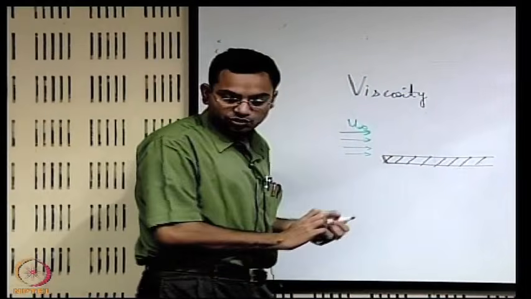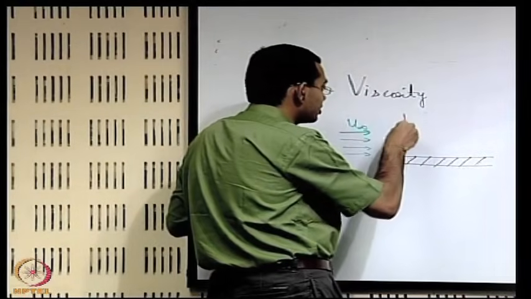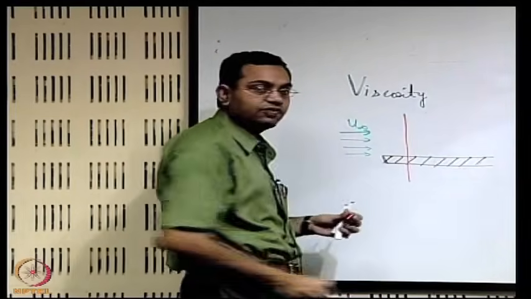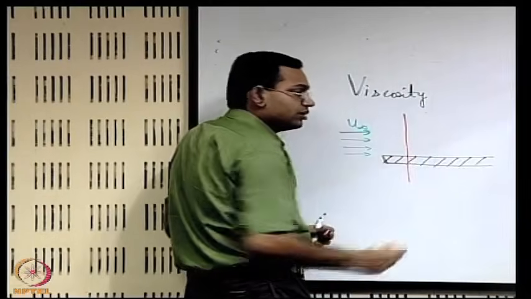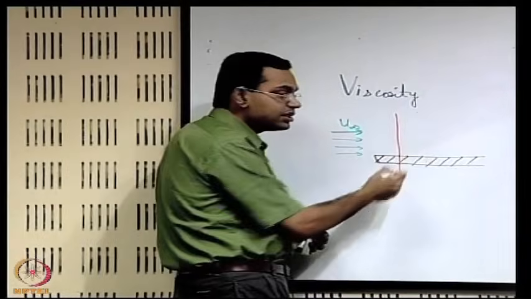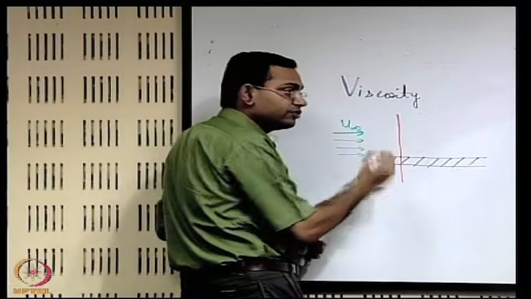So, if we want to sketch how the velocity varies with height at any section, say at this identified section, at the wall, if the no slip boundary condition is valid, then since the plate is stationary, the fluid is also stationary. So, the fluid velocity is 0.